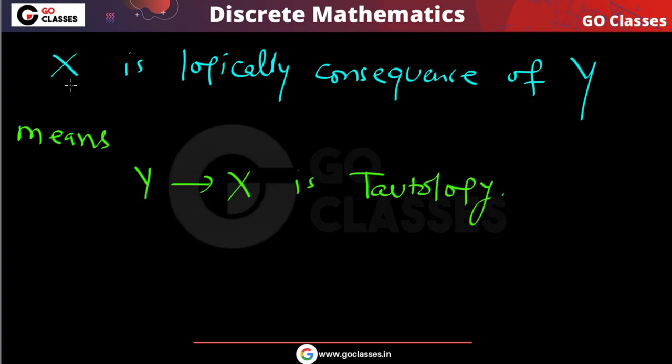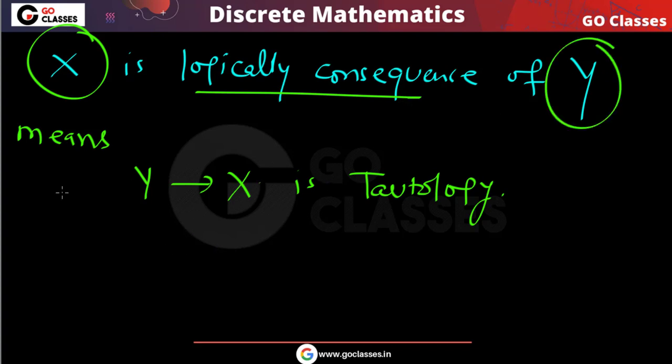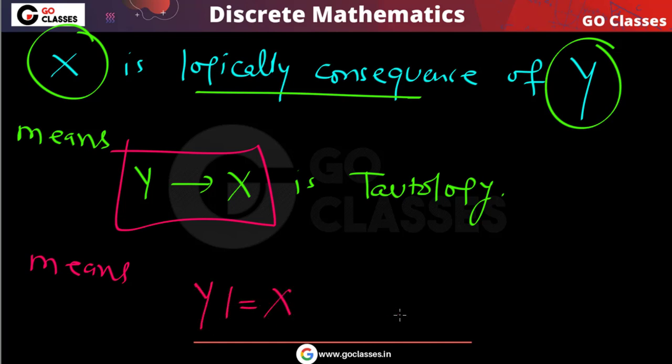This we already know. Basically, x is a logical consequence of y simply means that y implies x. I can say that y implies x is a tautology, or that y infers x. All these things are the same.